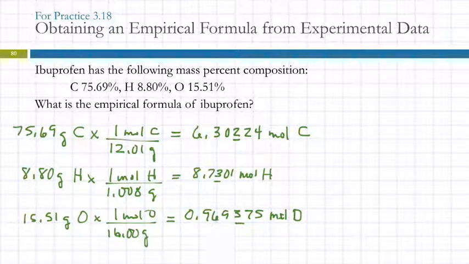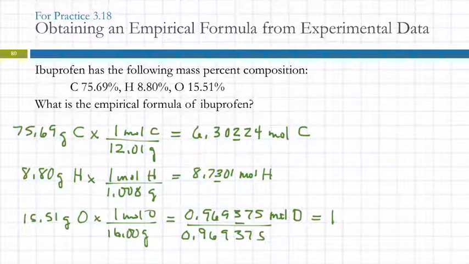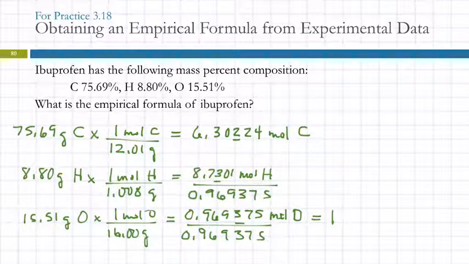So this is the smallest one, right? So I'm going to divide that by itself. And that one's going to end up being 1. And then I'm going to take this one and divide by the smallest. 8.7301 divided by 0.969375. So this is 9.0059.